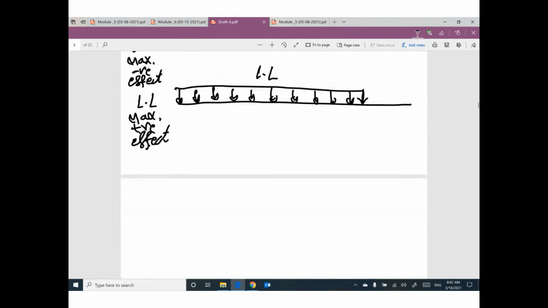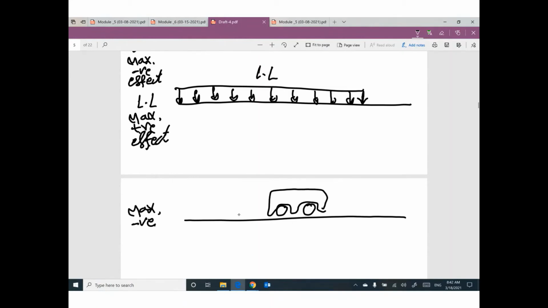What will happen if we would like to figure out where can I put my truck? I have a little truck like this to get the maximum negative effect on YB. Do you know where can I move this truck on the bridge to get the maximum negative effect of YB?